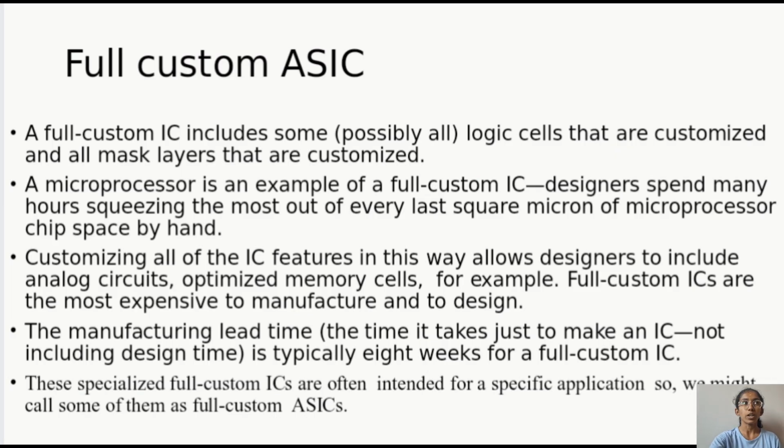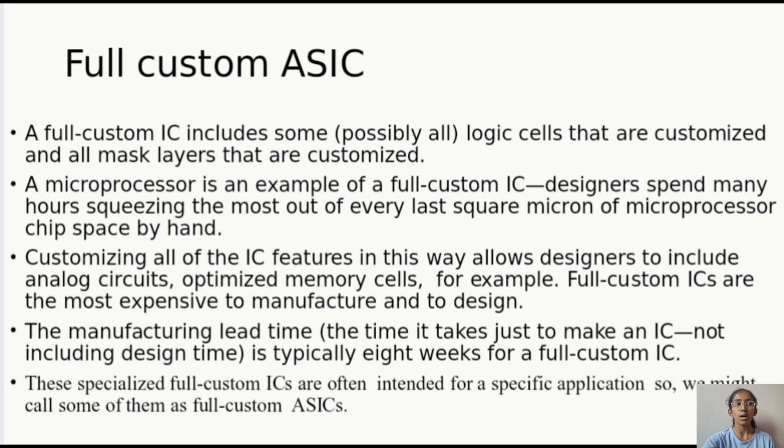Now let me tell you about a full custom ASIC. A full custom ASIC includes some logic cells that are customized and all the mask layers that are customized. The microprocessor is an example of a full custom IC, where designers spend many hours squeezing the most out of every last square micron of each processor chip, placed by hand. Customizing all of the IC's features in this way allows the designer to include analog circuits and optimized memory cells.